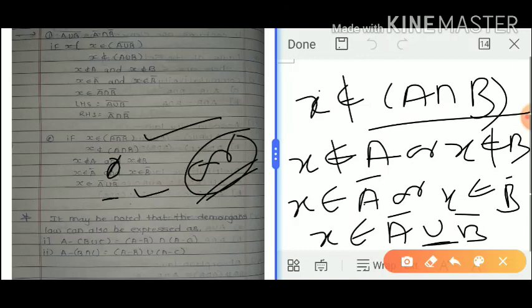By the same way we have proved both De Morgan's laws, LHS equals RHS. This type of question is asked most of the time in exams, so this is an important question.